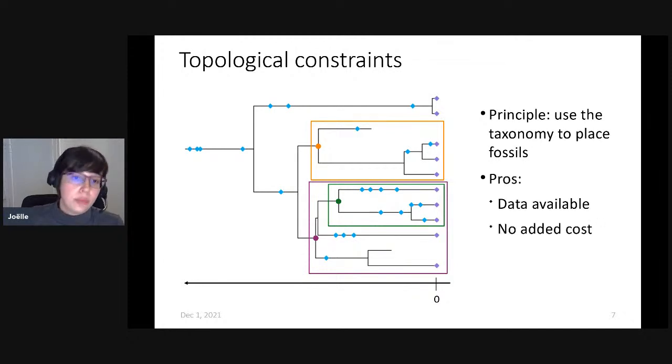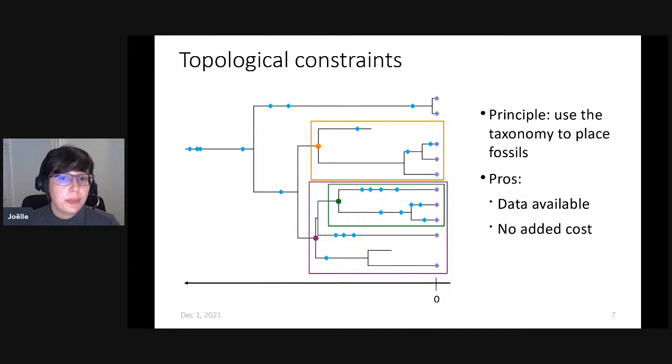Now, the advantages of that approach is, first, like I said, fossils are usually assigned to a classification in a taxonomy as part of when they're discovered, when they're studied, when they're published, and when they're recorded in a database. So that's going to be data that is quite readily available.